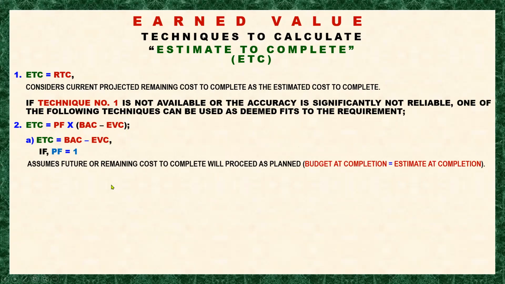So this one assumes that the future or remaining cost to complete will proceed as planned. Meaning, the budget at completion is equal to the estimate at completion. Okay, this is the assumption. There is no less, no more, as long as the budget at completion, or the original budget, will be achieved on the projection.